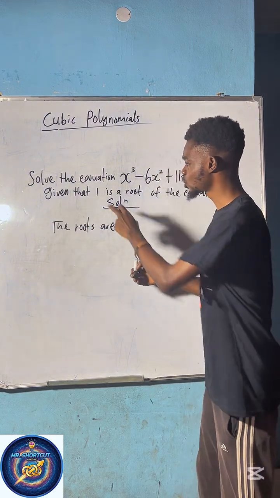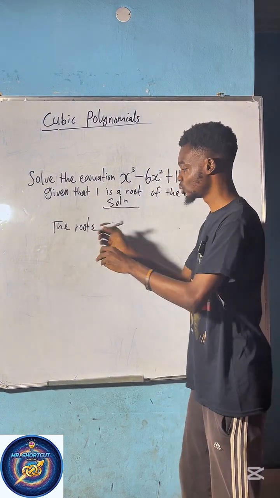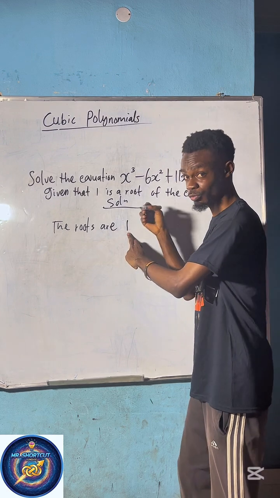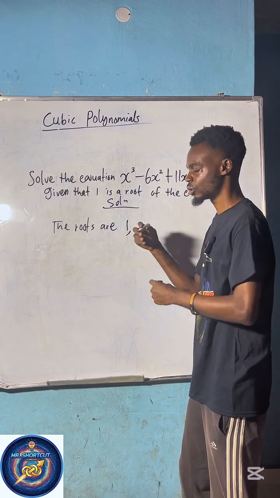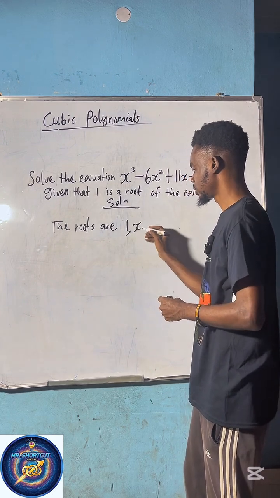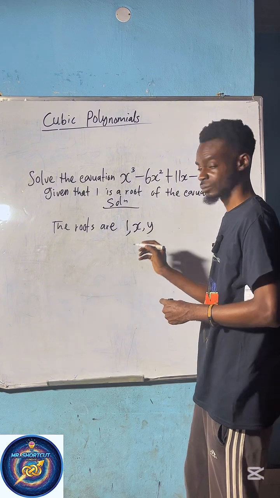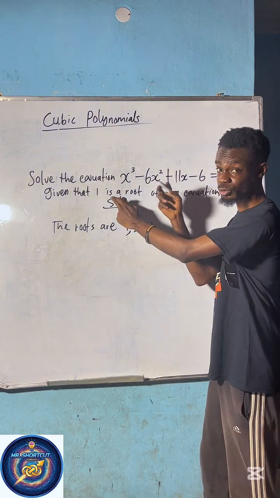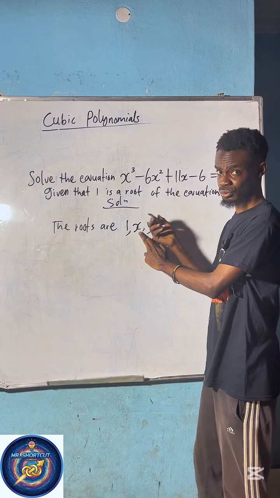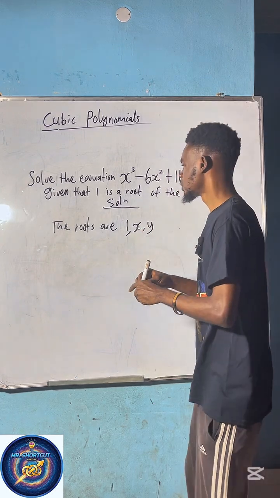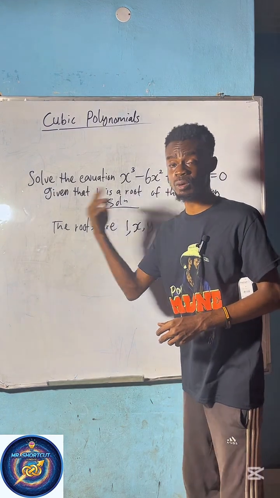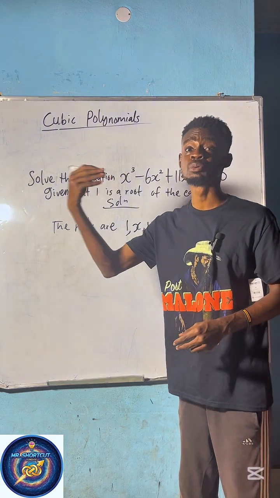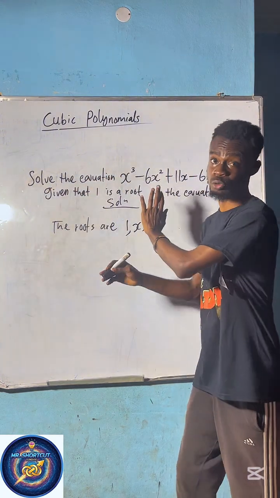Since 1 is one of the roots, let's call the second root x and the third root y. So these are the roots of the polynomial. 1 is the first root, which they gave us from the question. x is the second root, y is the third root. Now, we are going to make use of the formula for sum of roots and the product of roots whenever you are solving for cubic polynomial.